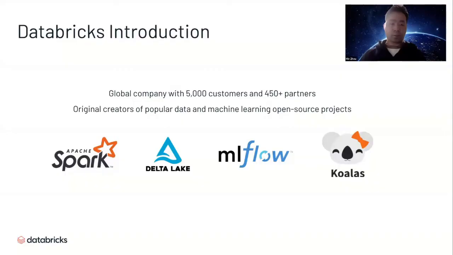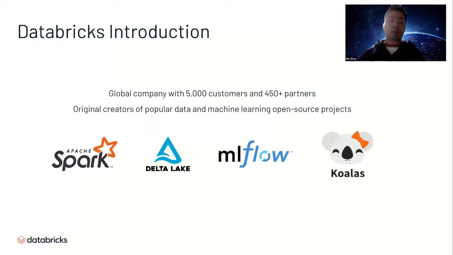Let me make an introduction of our company, Databricks. Databricks is a big data and AI company, and we were created by the original creators of Spark. Right now we have many open source projects like Delta Lake, MLflow, and others.